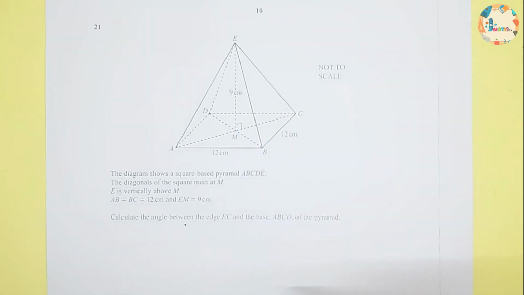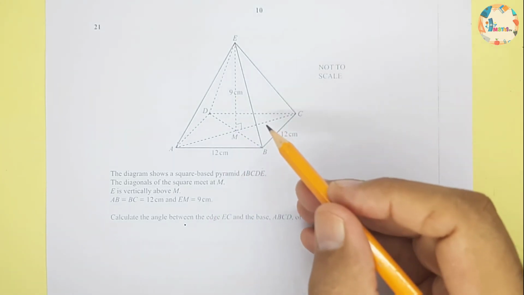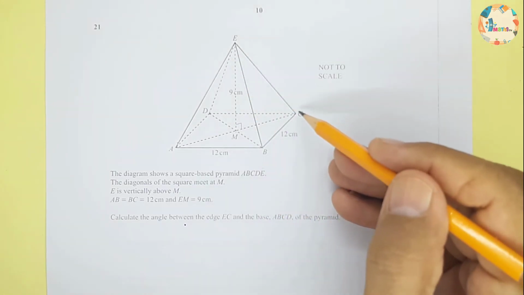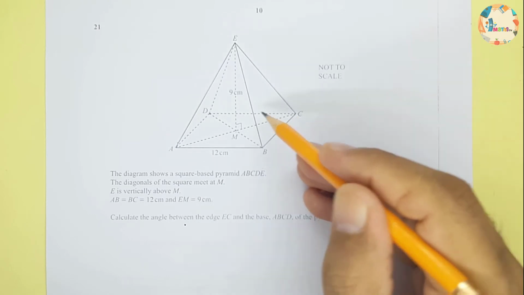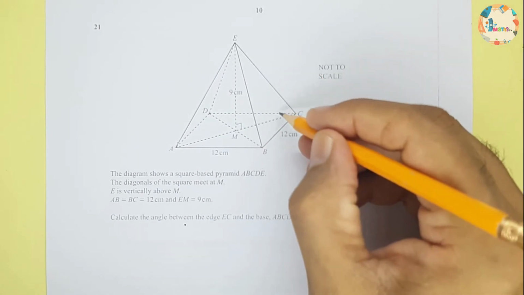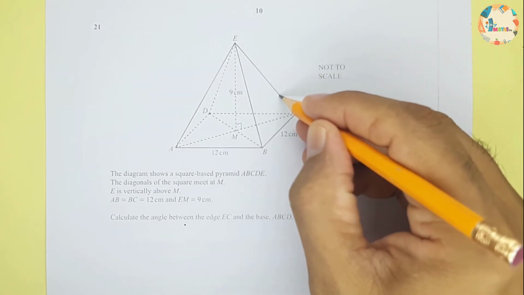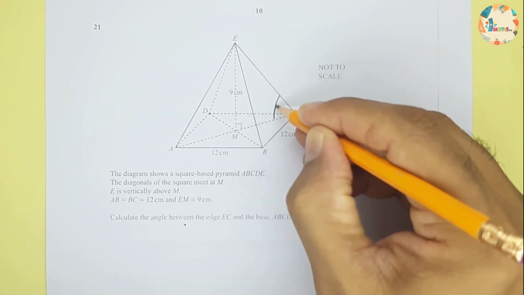Calculate the angle between the edge EC, meaning this one, and the base ABCD. So the base is this one, so we have to basically check this angle. This angle is required, this one.